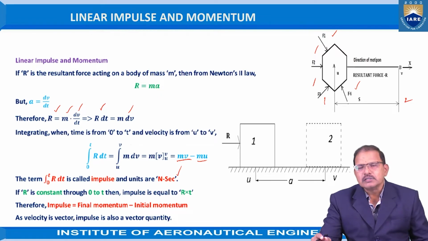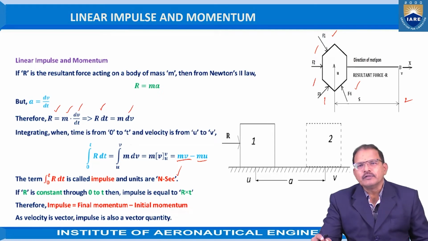That is mv minus mu, called the change in momentum of the body. mv represents the final momentum of the body, and mu represents the initial momentum. That is, the integral of R into dt from 0 to t is equal to m into v minus m into u. That is, the impulse is equal to the change in momentum.